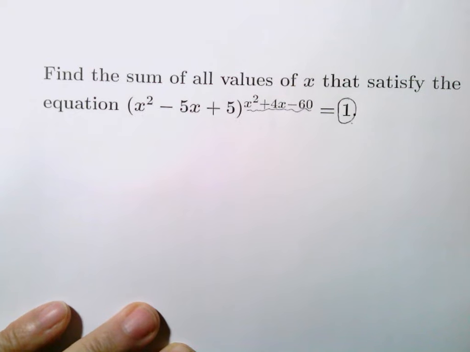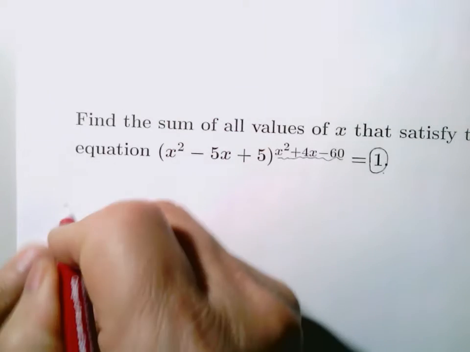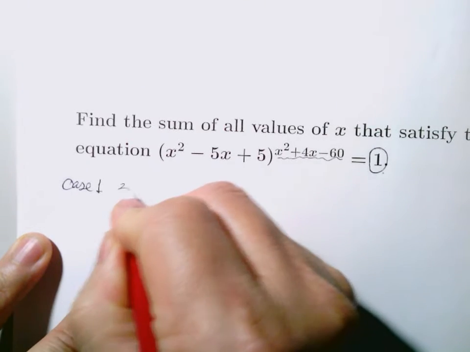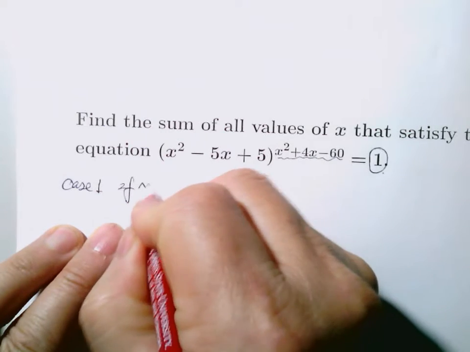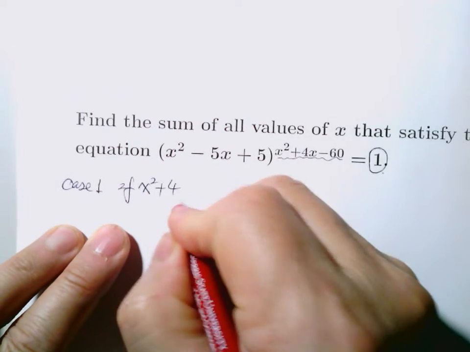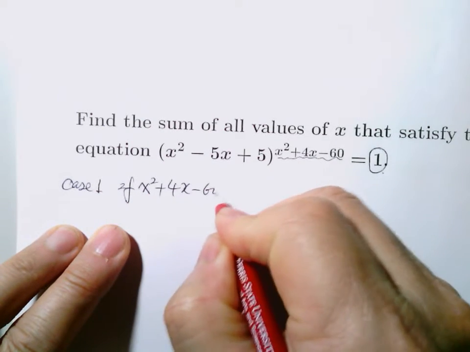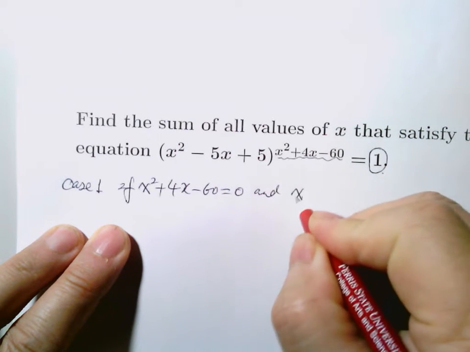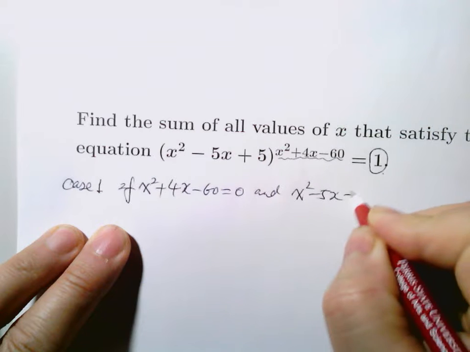So that's the first case we're going to consider. Case 1: if x squared plus 4x minus 60 equals 0, and x squared minus 5x plus 5 is not equal to 0.